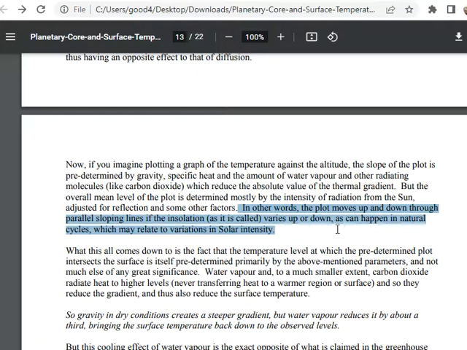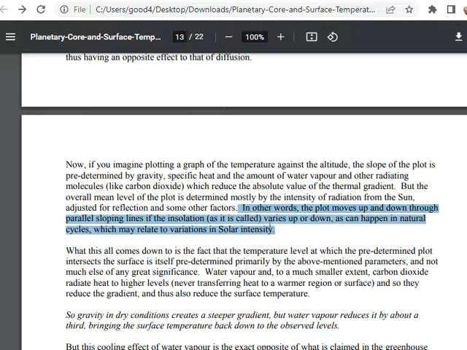If I moved it this way, the ground temperature would be, say, 25, 30 Kelvin. So if this moves up this way, then you're going to have a 30 Kelvin temperature at the ground. So I'm not sure what he's finding comforting in his description here.